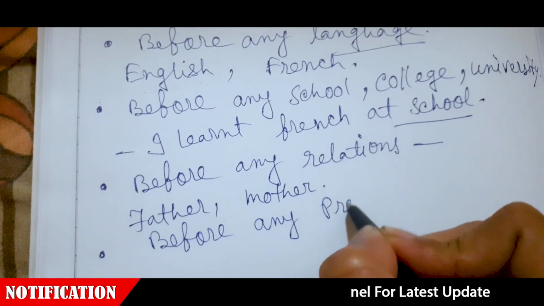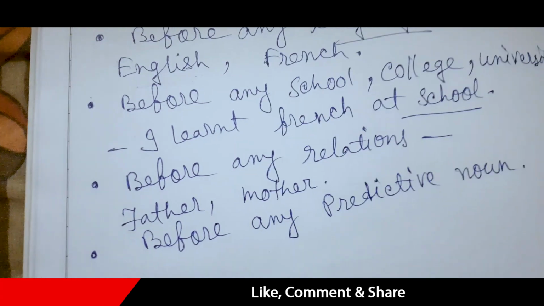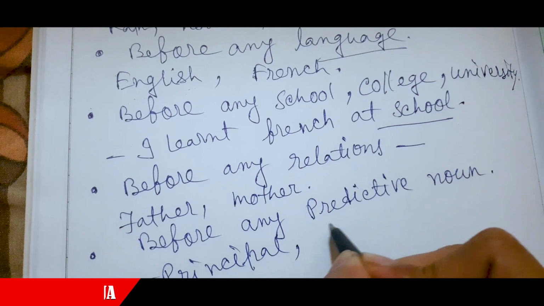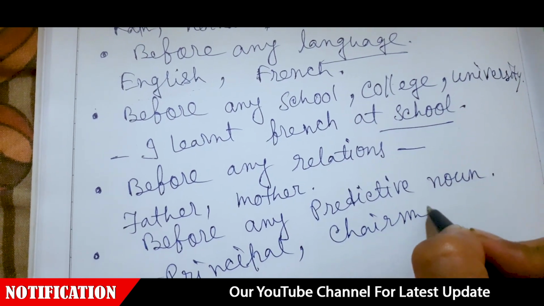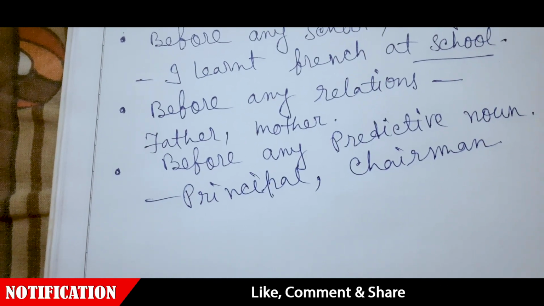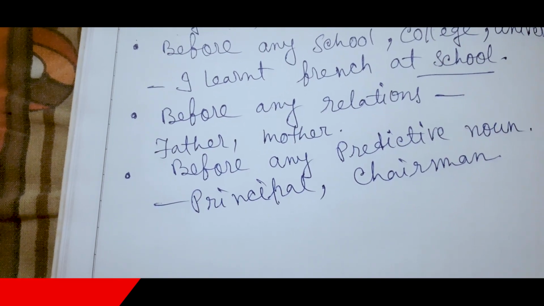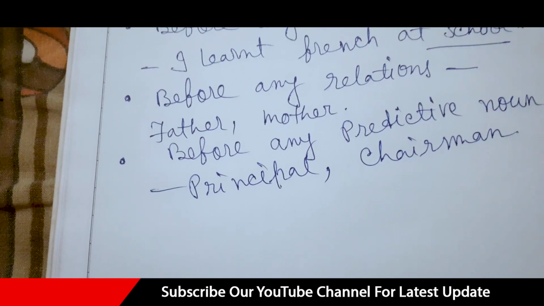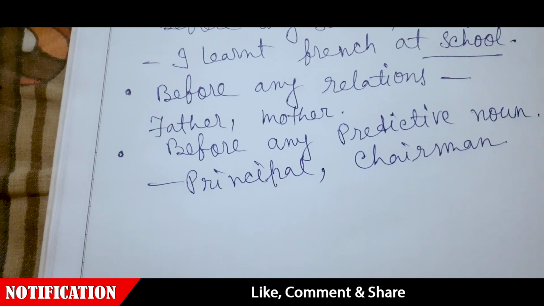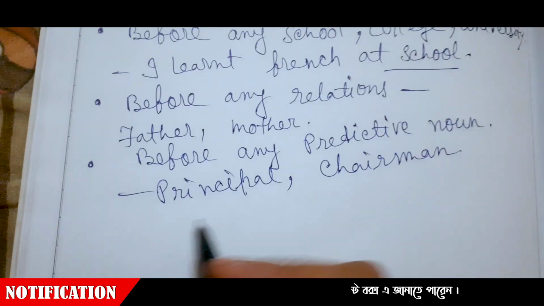Before any predictive noun like principal, chairman, like this. Okay, then before any transitive verb or any preposition, verbs or phrases that consist of prepositions, there also no need to use articles. Transitive verb in the sense the verbs with an object, that are followed by an object, like to catch fire, not to catch the fire.